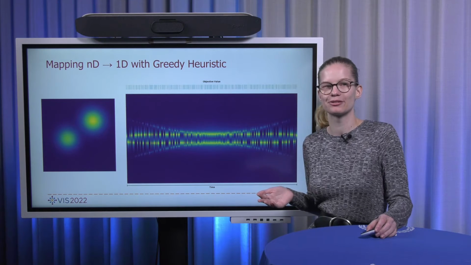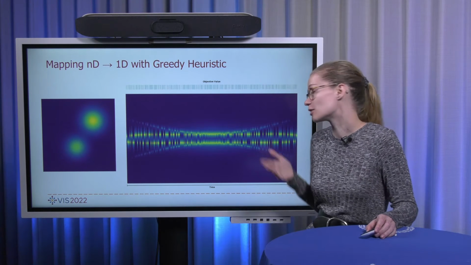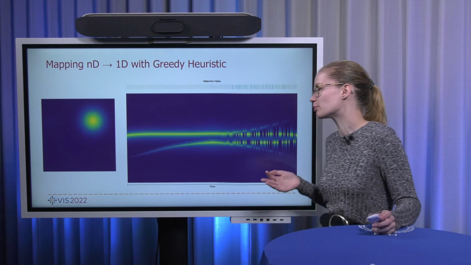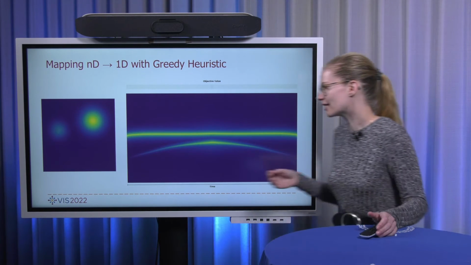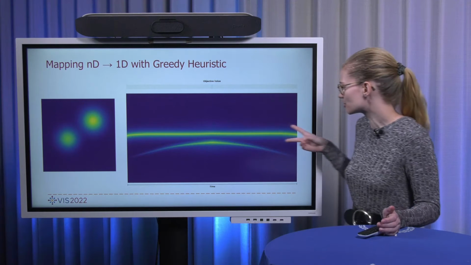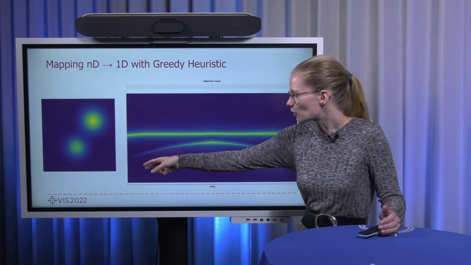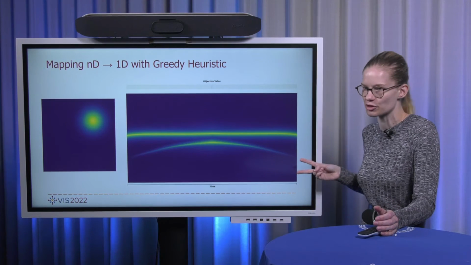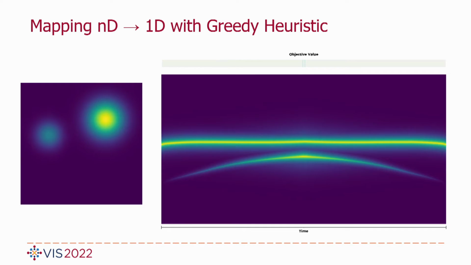So how does the result look for the dataset that we had previously with the one moving feature? Well, if we employ optimization here, then we get one feature that persists over time and one that comes in, moves a little bit closer, and moves out, which is also the behavior that we observed in 2 dimensions.